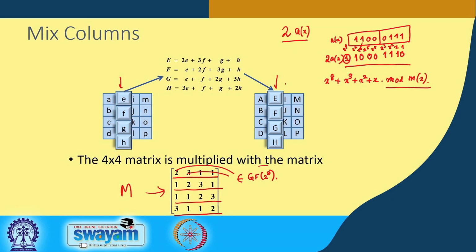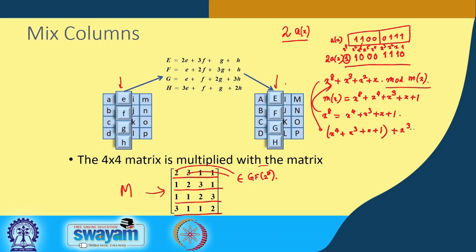And I leave it to you as an exercise to think that you can do it very easily. So what is m(x)? m(x) is x power of 8 plus x power of 4 plus x power of 3 plus x plus 1. So what you can do is write x power of 8 as x power of 4 plus x power of 3 plus x plus 1 and substitute it over here. So this will become x power of 4 plus x power of 3 plus x plus 1 plus x power of 3 plus x squared plus x.